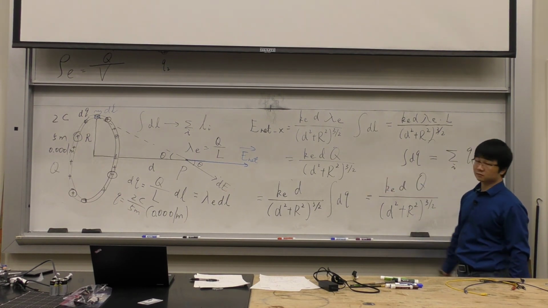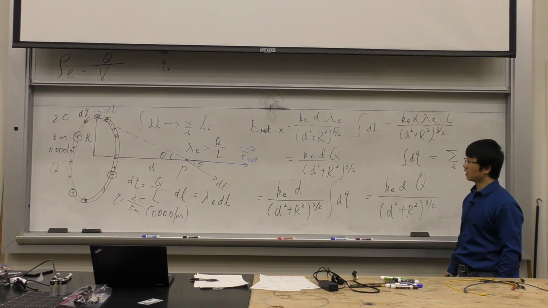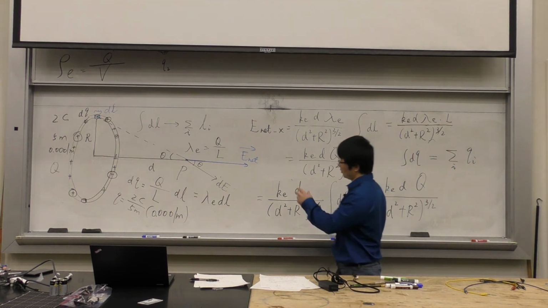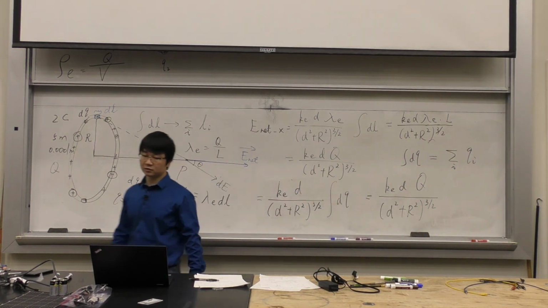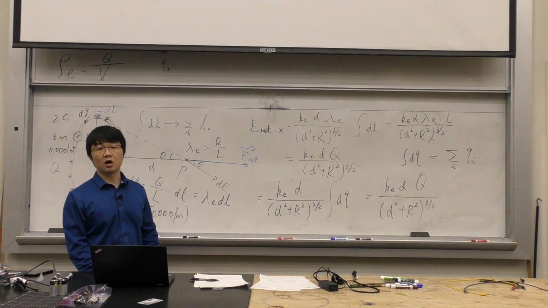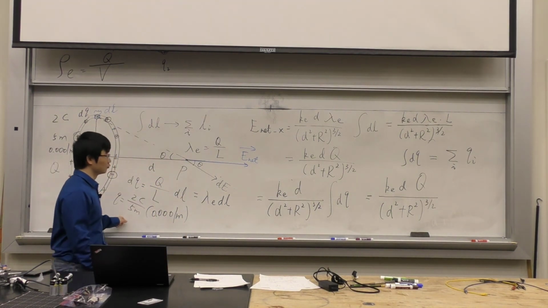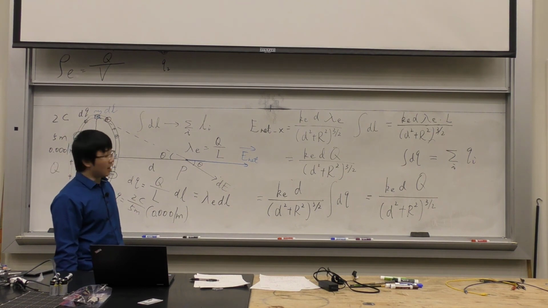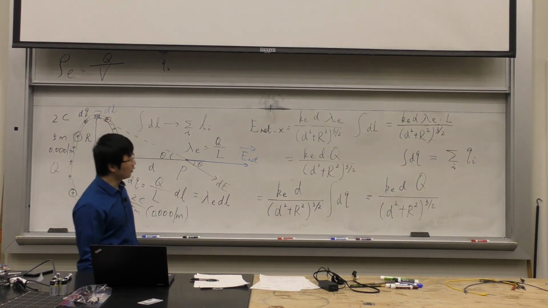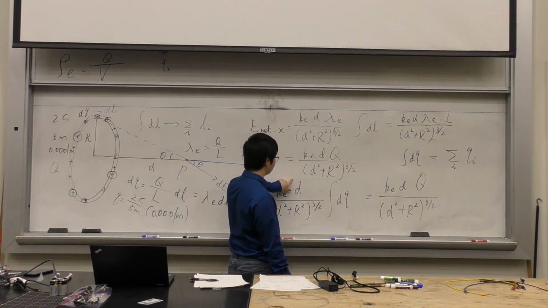You will get the answer very easily. So that's what I said: the ring is actually easier than the rod, because of the symmetry, and we have more constants in this ring.